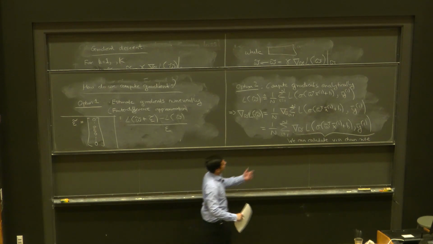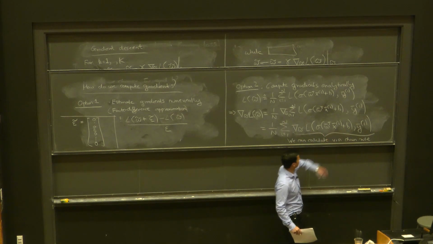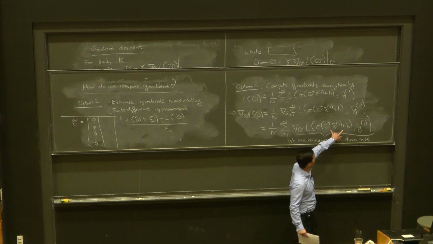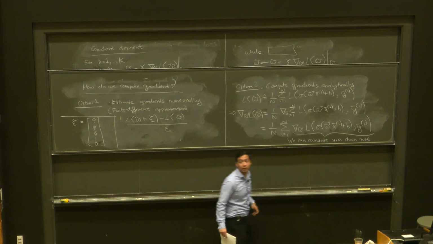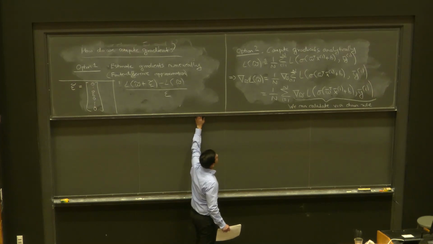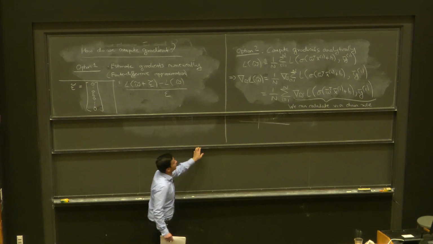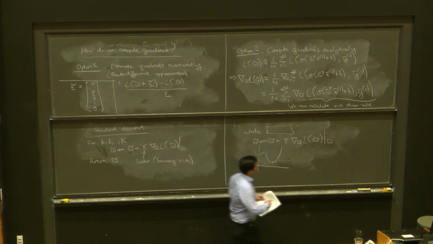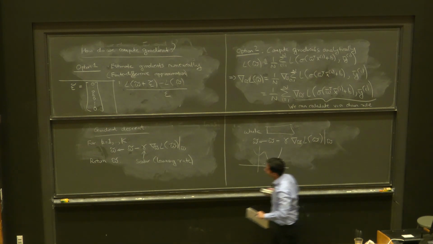via the chain rule. You look at d sigma dz, and then you look at the gradient of this expression with respect to w and b. Of course you could do this by hand, but there are some nice automatic differentiation tools.